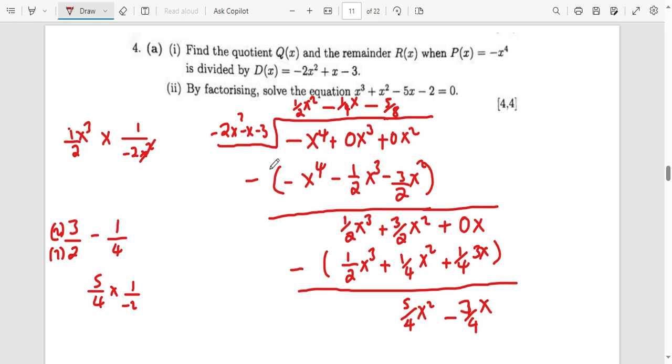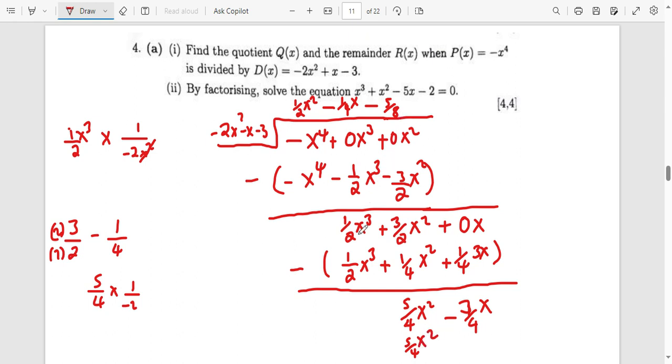Why? Because the highest powers of x on top here and what we are using to divide were the same. And then the 5 over 8 multiplied with negative 2, that will give us still a positive 5 over 4 with x squared.